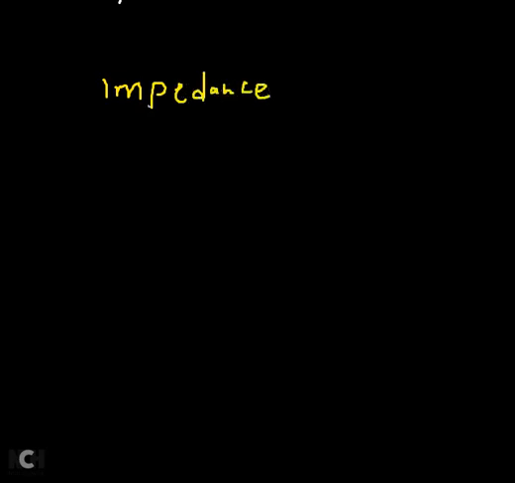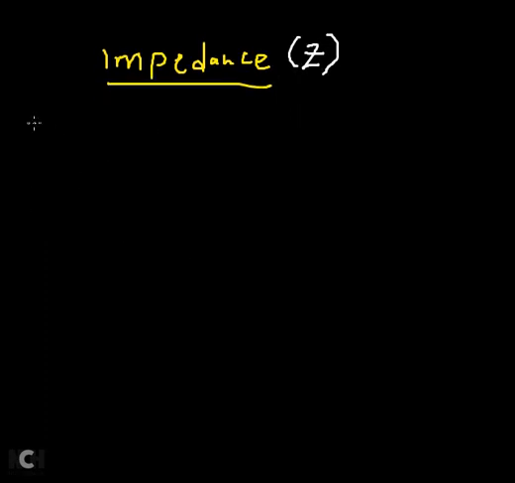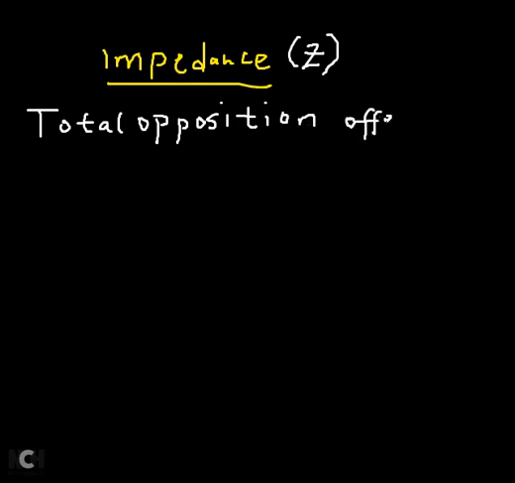Impedance, by the symbol Z. The impedance of an alternating current circuit is the total opposition, after considering all the components, the total opposition to the alternating current, AC.